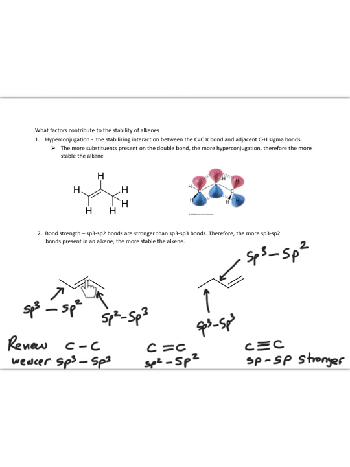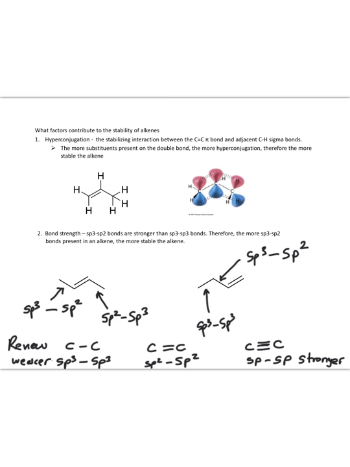So in a di-substituted alkene, we have two sp3-sp2 types of bonds, so one here and another one here. If you have a mono-substituted alkene, you have here, for example, an sp3-sp3 and then an sp2-sp2 or sp3-sp2.